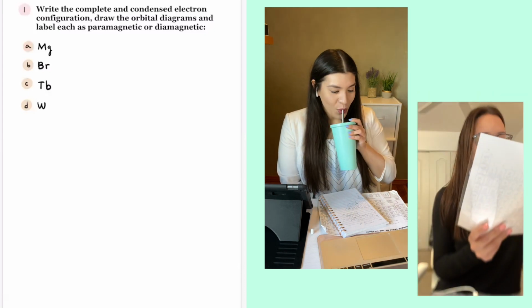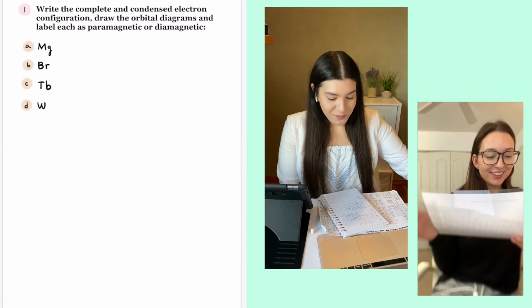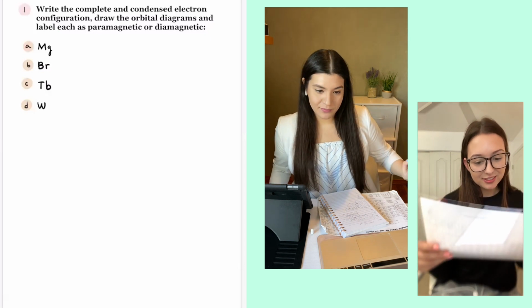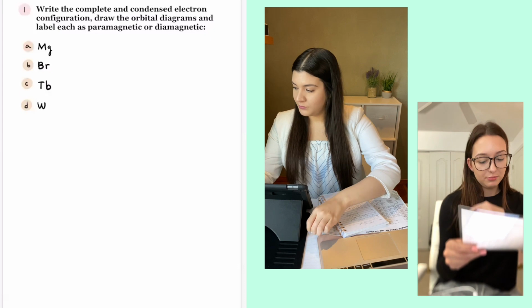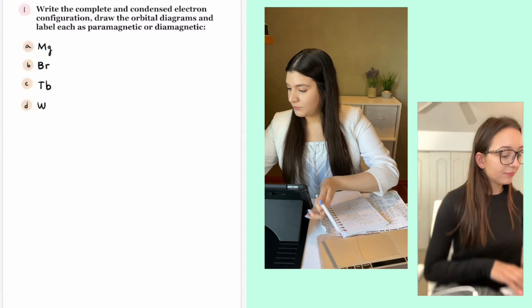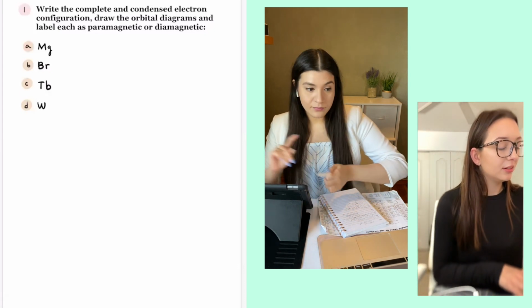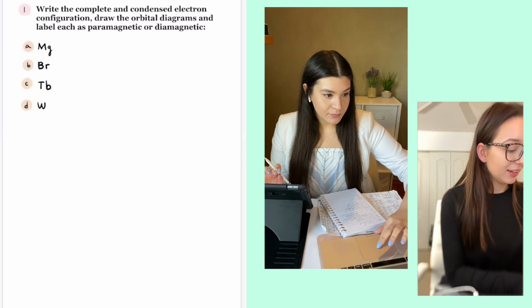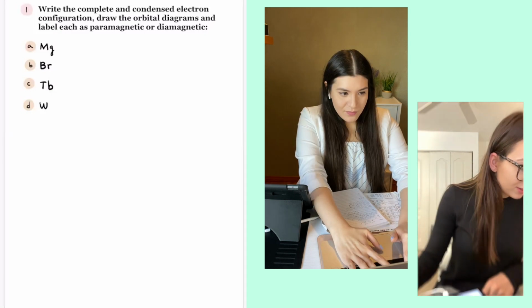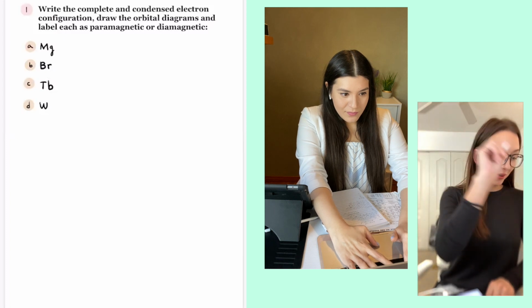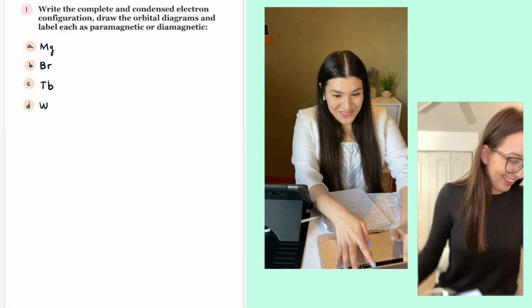Okay, so this is S, D, P, F. I feel like I'm going to get confused because it's not labeled. Wow, this is hard without you drawing where everything is for me.